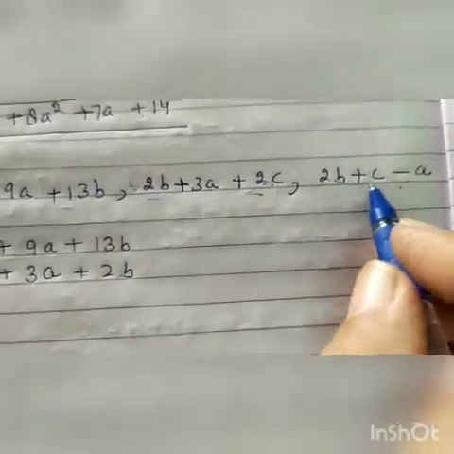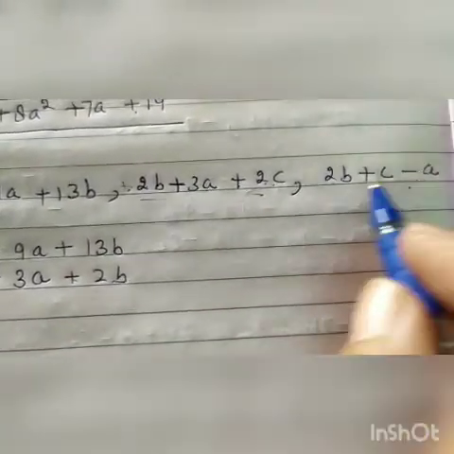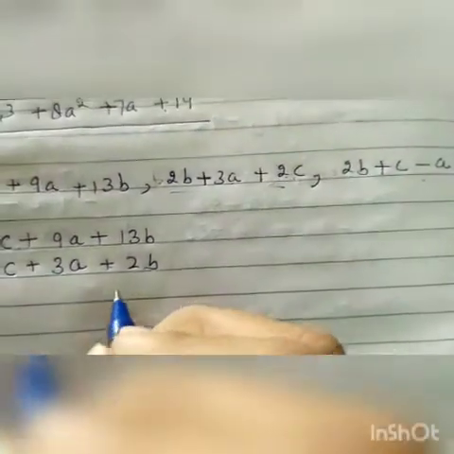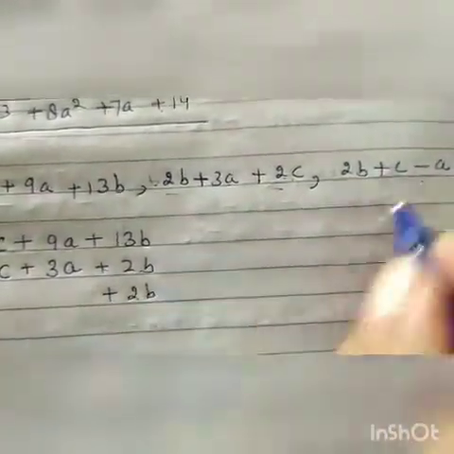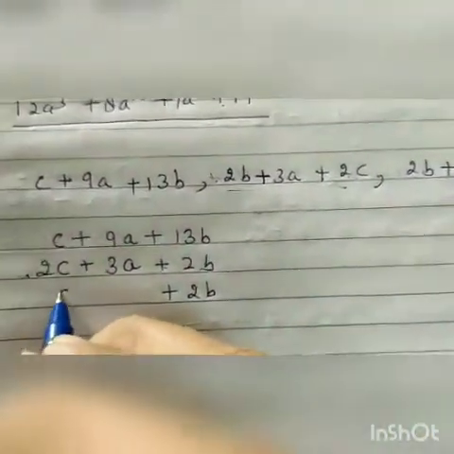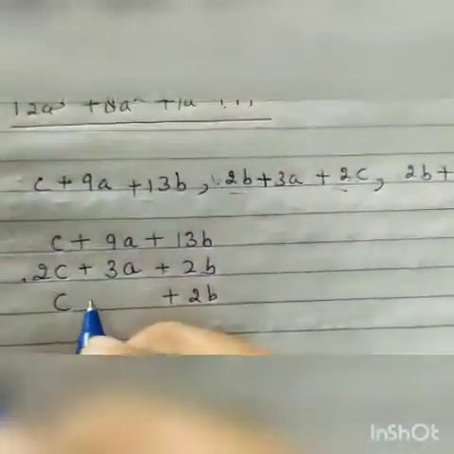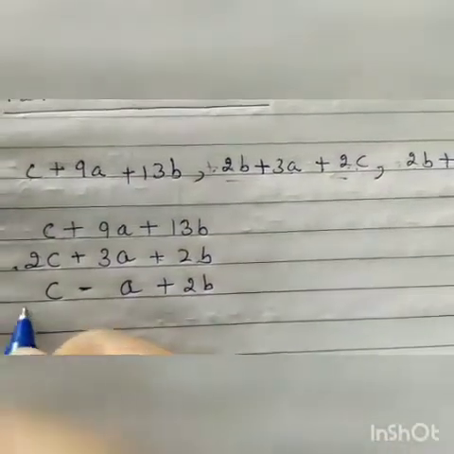Third algebraic expression we will write in third line. Plus 2b, plus c, then minus a, like this.